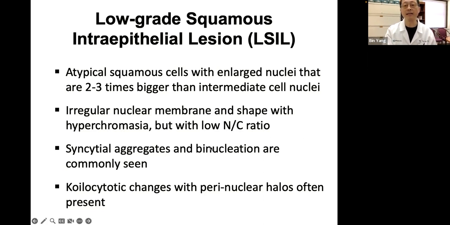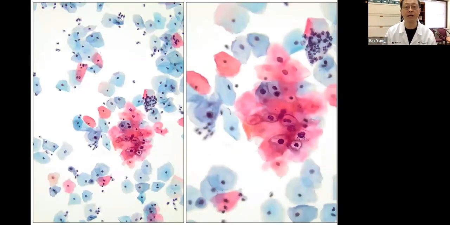So I need to pay attention to that. The difference between low-grade and high-grade dysplasia is really the NC ratio. LSIL tends to be binucleated with syncytial aggregates, especially on the surface. Koilocytotic change you can see in one third to half of Pap smears with LSIL diagnosis.